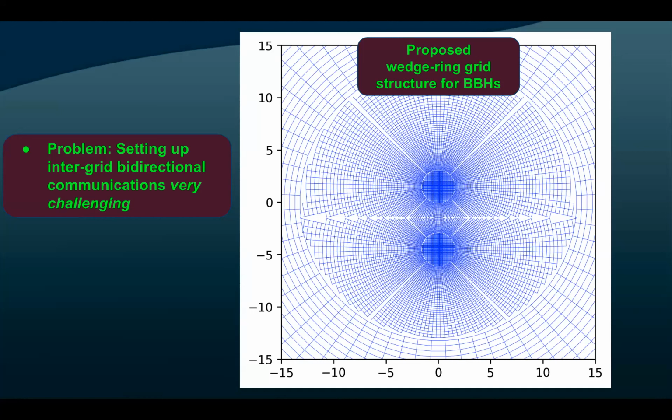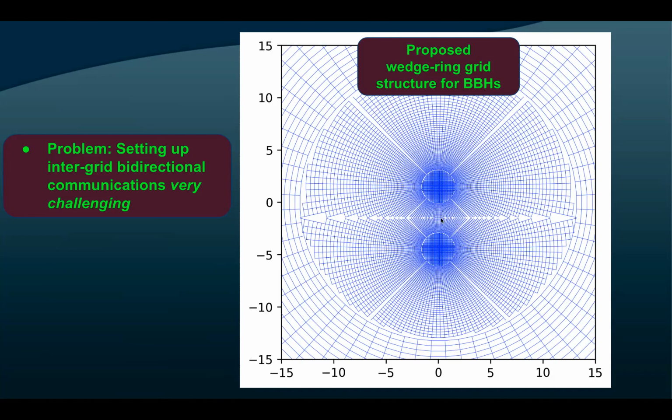Now, remember I mentioned before that this Lego building block approach required that you set up the intergrid communications for every place where you have at least two grids that overlap. Here we have regions where there are 5 grids that overlap. This outermost region here, where you have a spherical grid, and inside that you have 2 wedge ring grids, there are 1, 2, 3, 4, 5 grids that overlap.